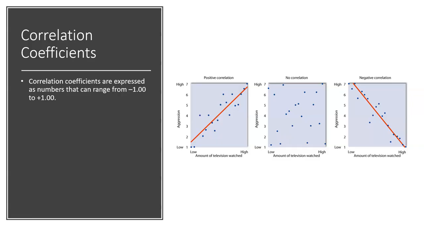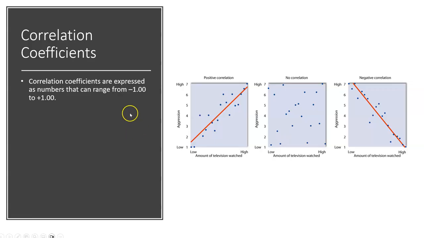So a perfect correlation of +1 would be represented by that red line going through the first image on your screen. It would be a perfect 1-to-1 relationship. A perfect negative relationship would be the red line on the right-hand side of your screen.